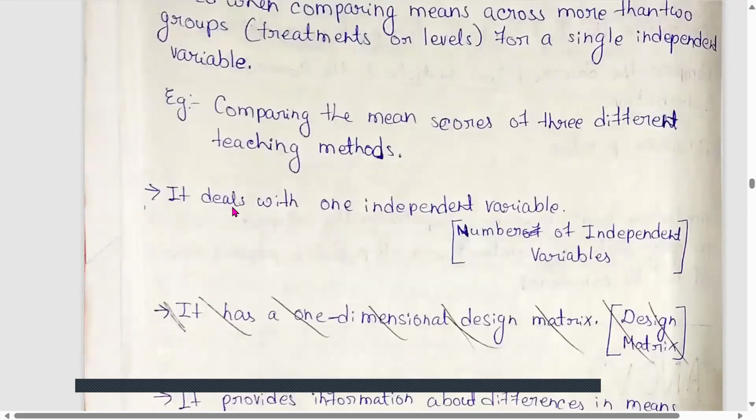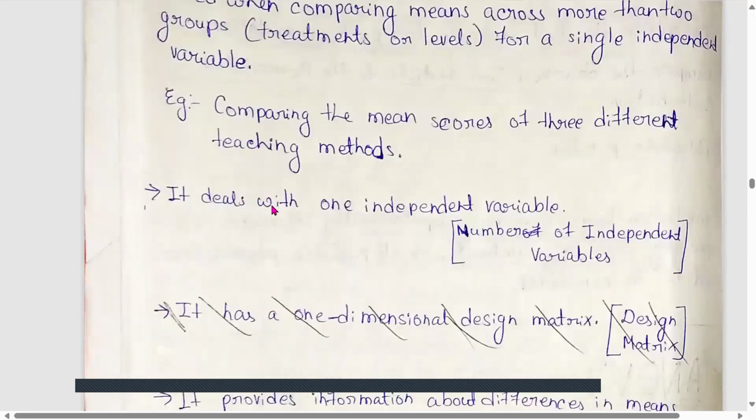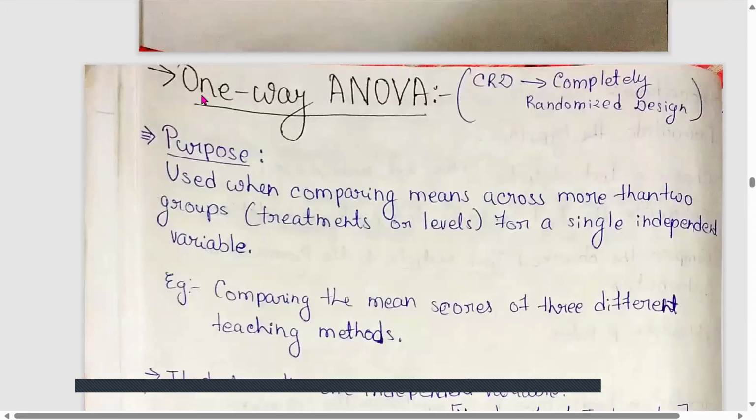One-way ANOVA deals with one independent variable. You have to remember it. In interviews, they ask: in a one-way ANOVA test, with how many variables do we usually deal?